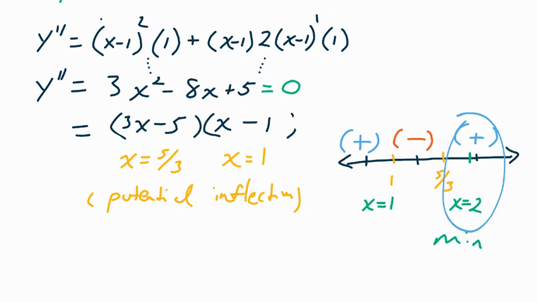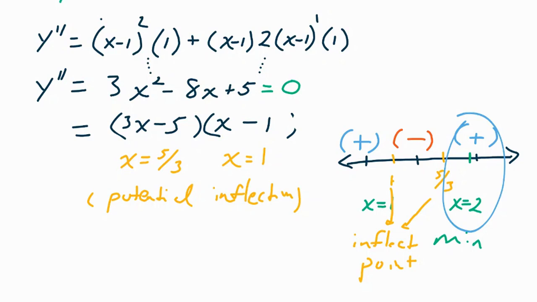But if you look at my x equals 1, you should conclude that it is neither in a positive or negative concavity. It is actually not an extrema. Instead, it's going to be overruled and become the inflection point. And by the way, so is 5/3 the inflection point, because both of them are places where the concavity changed.